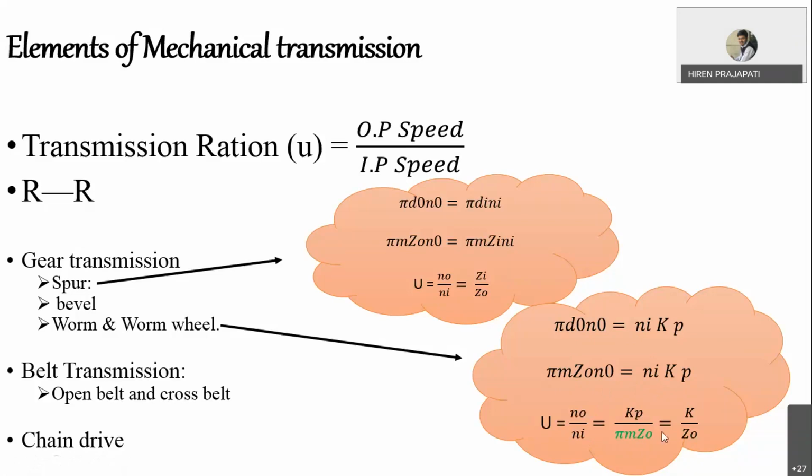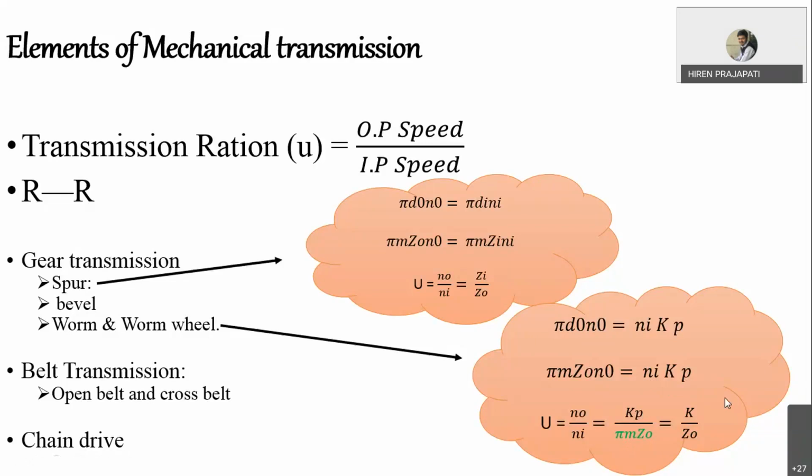The basic understanding is that for meshing between any gears, the pitch of the worm should be equal to the circular pitch of the worm wheel. So here pi m is the circular pitch of the worm wheel, and P is the pitch of the worm.